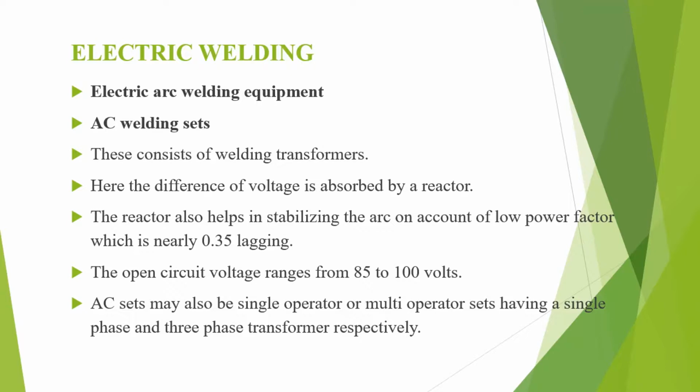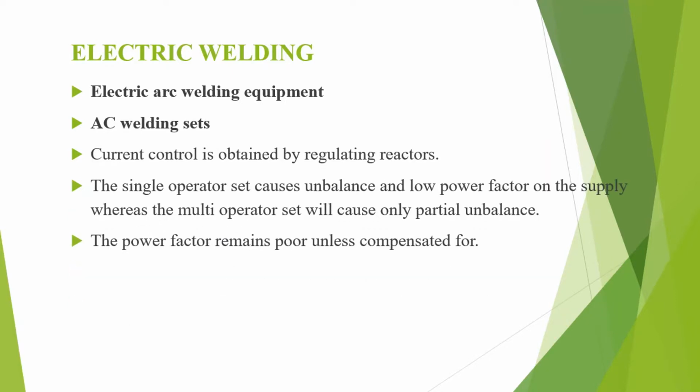AC sets can be single operator or multi-operator sets, having single phase and three-phase transformers respectively. Current control is obtained by the regulating reactors. The single operator set causes unbalance and low power factor on the supply, whereas the multi-operator set will cause only partial unbalance. The power factor remains poor unless it is compensated.